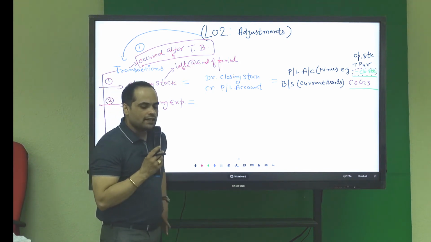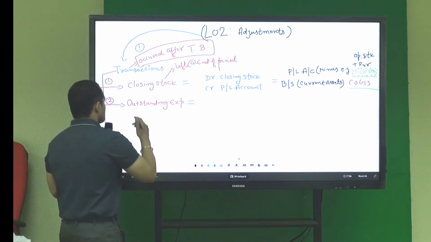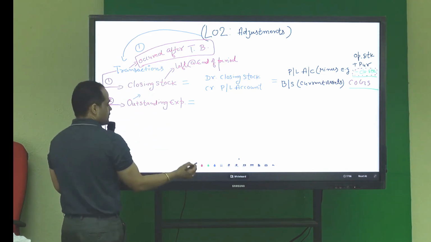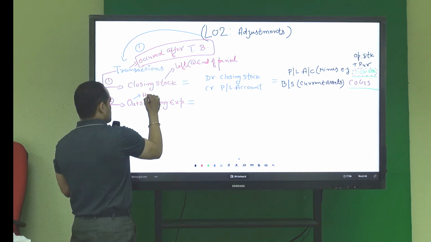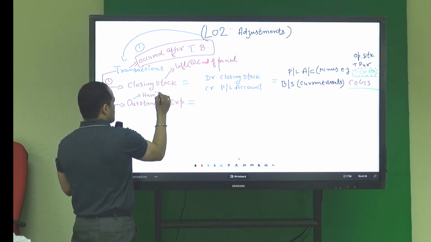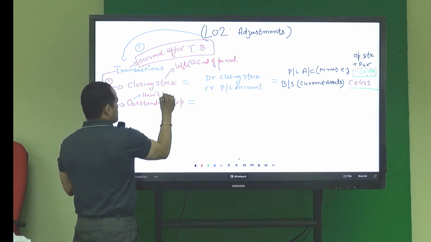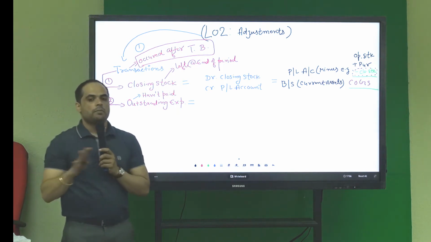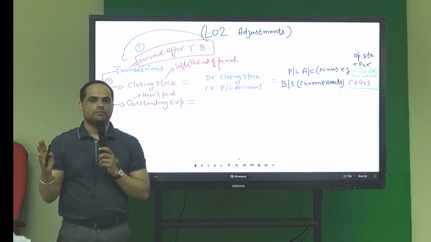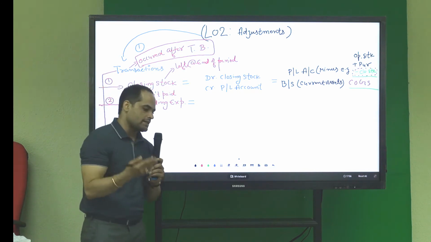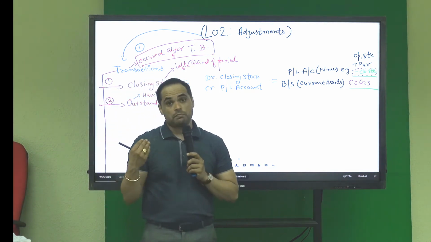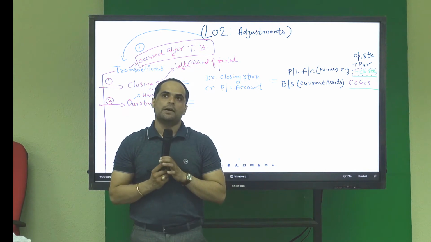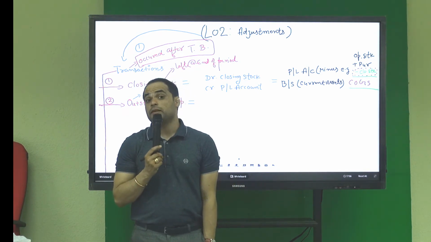Outstanding expense is any kind of expense which is due but we haven't paid. Alright, I repeat, outstanding expense is any kind of expense which is due but we haven't paid it, such as electricity bill. Alright, electricity bill is due but we haven't paid it.